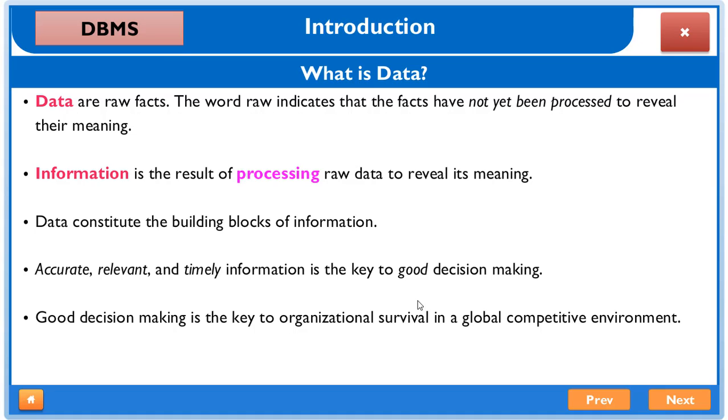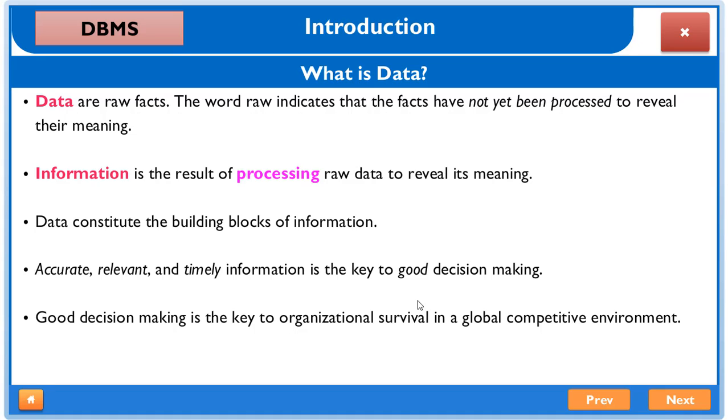Then what is information? Information is the result of processing raw data to reveal its meaning. That means we process data to get information. Data is the building block of information. Without data, we cannot get information. Accurate, relevant and timely information is the key to good decision making, and good decision making is the key to organizational survival in a global competitive market.